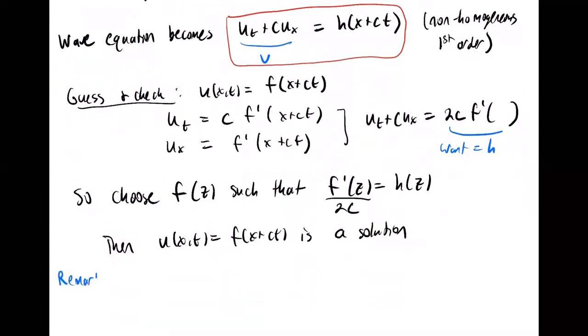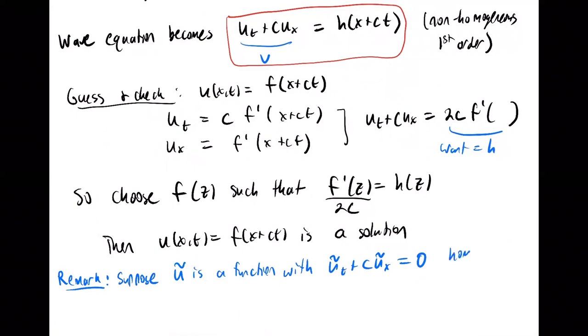I'll just put this as a remark. Suppose I have any solution to the homogeneous version of this linear equation. So suppose, let me call it u tilde, is a function with, let's say, u tilde t plus c times u tilde x is equal to 0, right? So now I'm replacing h by 0, right? So this is the homogeneous equation.